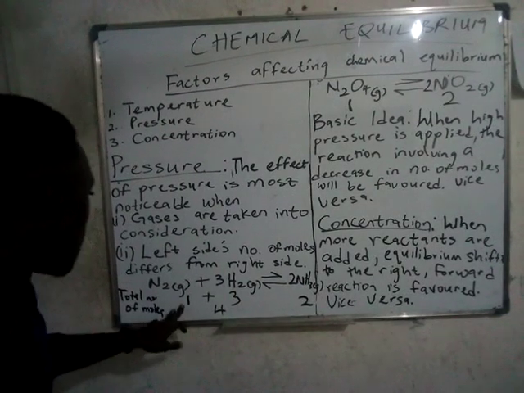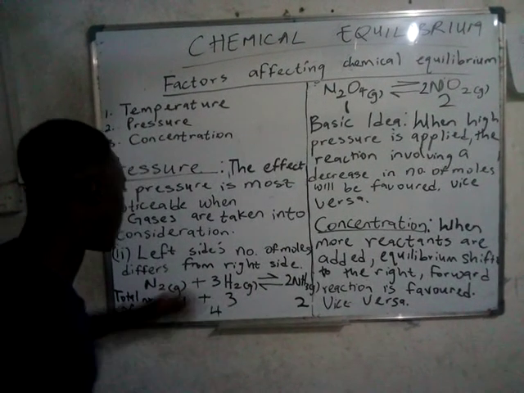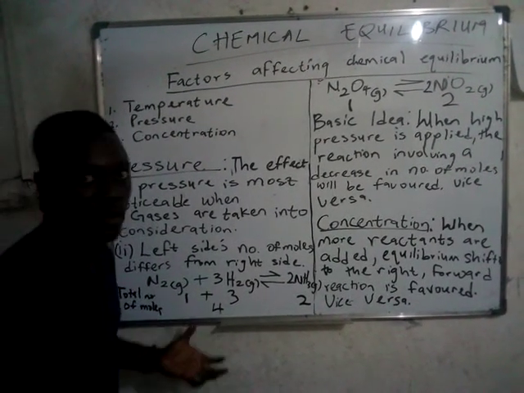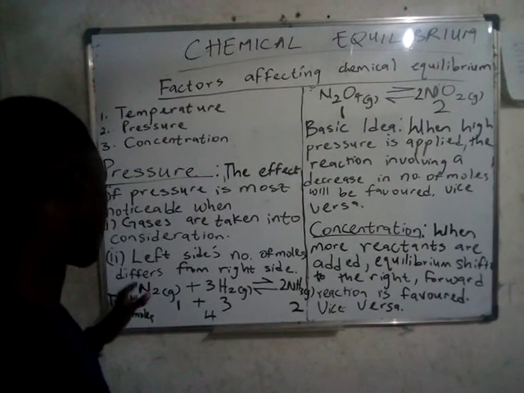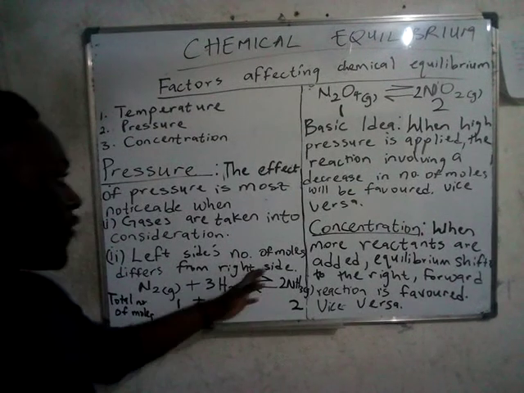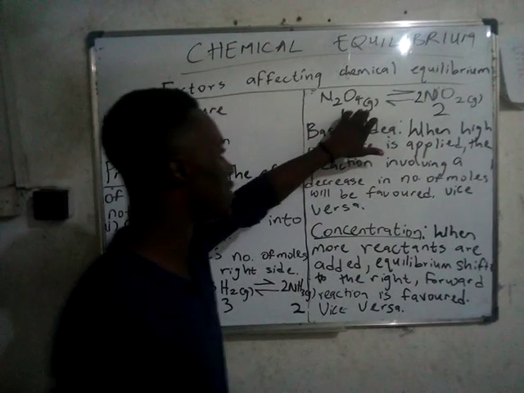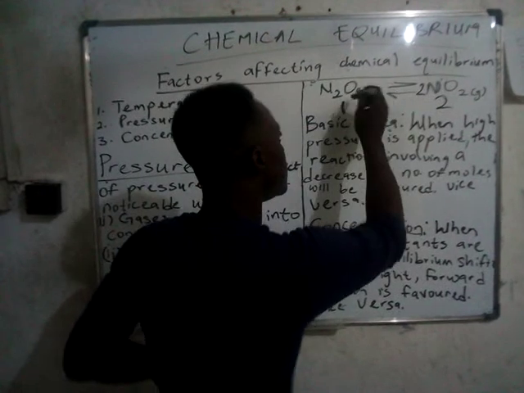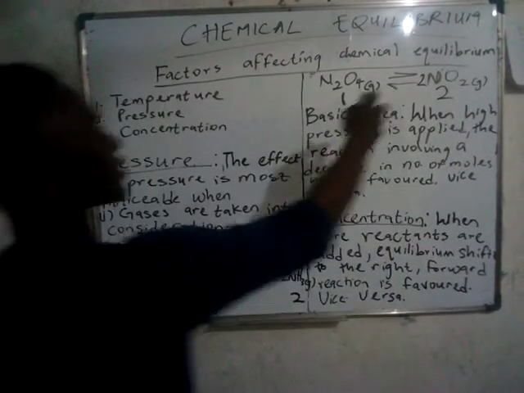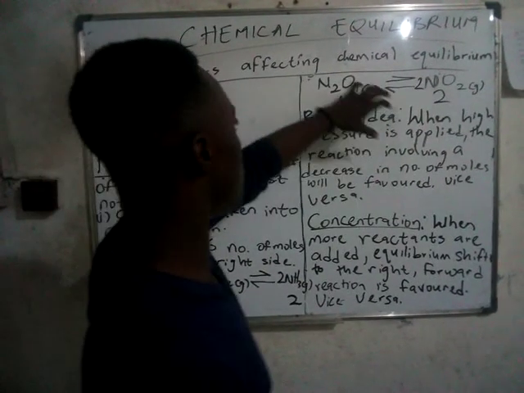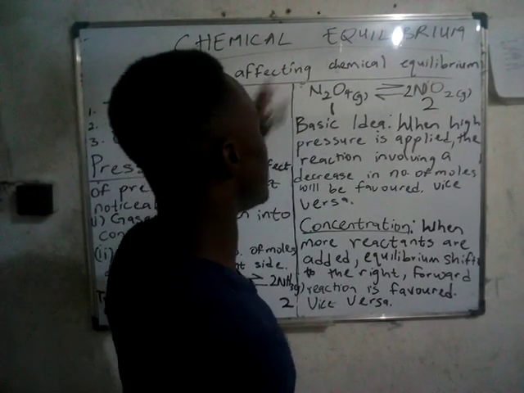So for this one, you have the forward reaction being favored. That means the equilibrium is going to shift to the right side in order to favor the forward reaction. But for this one, you have the equilibrium shifting to this side in order to favor the backward reaction. So that's what happens when you apply the high pressure.